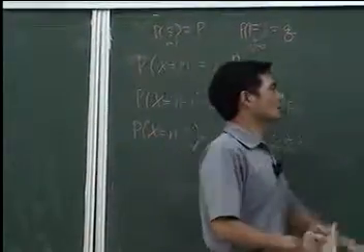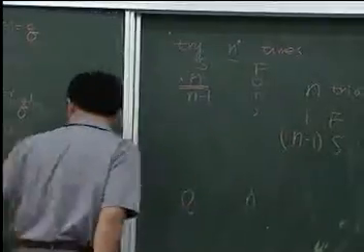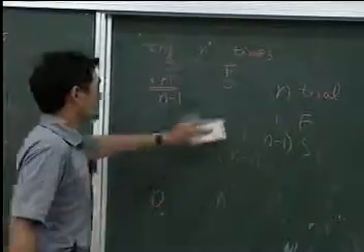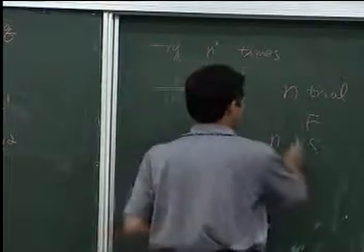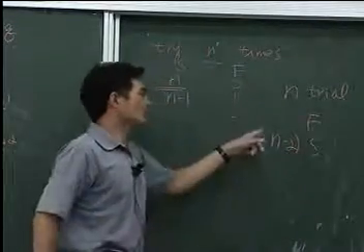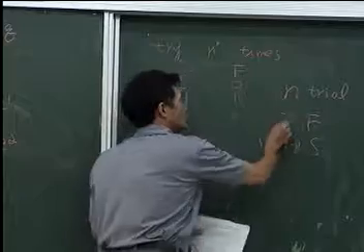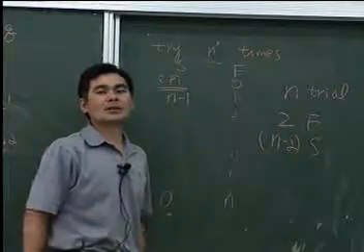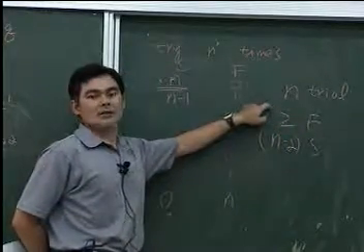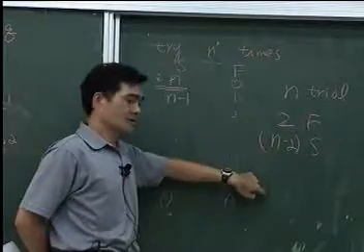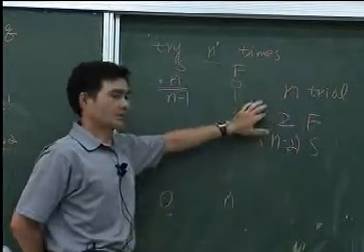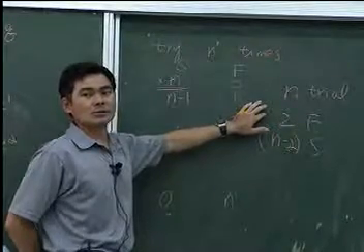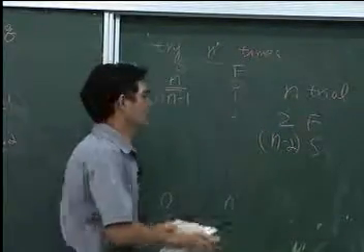In this case, you have 2 failures and n minus 2 successes. Do you really care which one is the failure and which one is the success? You don't. You only care about the numbers. So in this case, what is the rule? The rule is what we call combination.